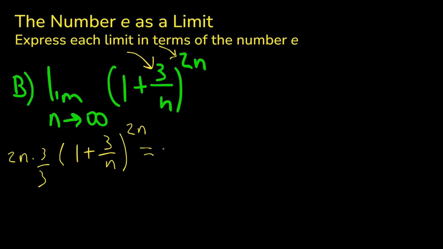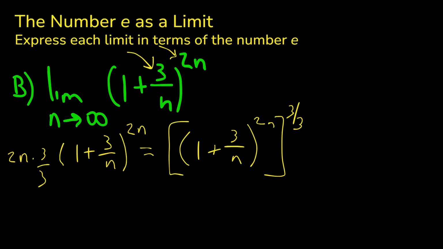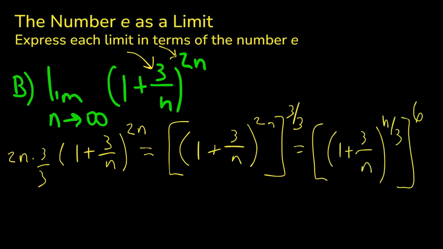So this is going to be, and then we can manipulate that to rewrite the 2n to the 3 over 3 power. So basically I factored out the 2 and then distributed the 1/3 into the exponent. Then in this case, we're going to let k equal 3 over n.